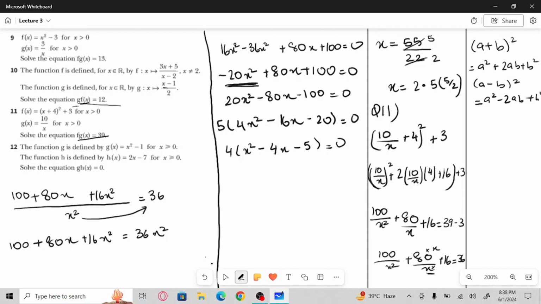The reason why I'm just going to write x squared minus 4x minus 5 is equal to 0 is because 5 is being divided by 0, and that's essentially 0. And again 4 will be divided by 0, which will give us 0. And that's the magic of factorization.